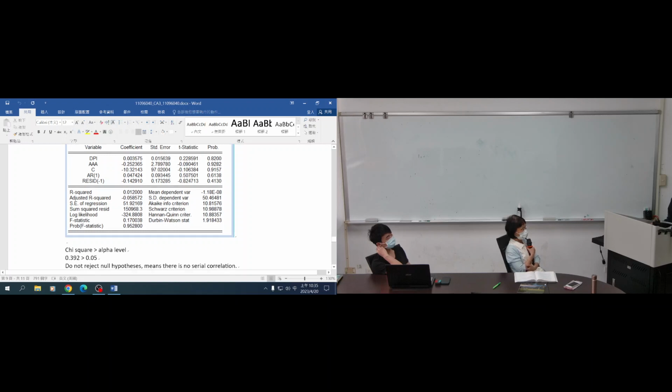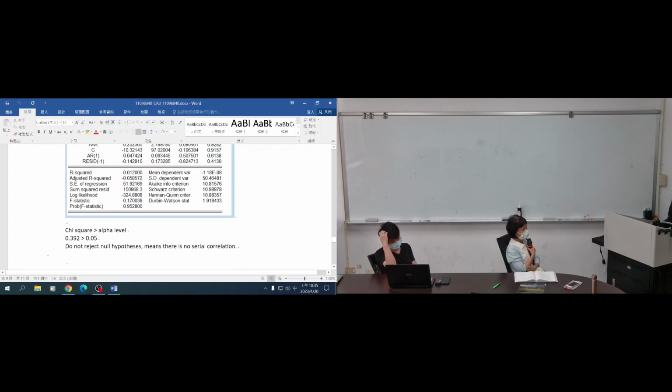And the probability of the test is 0.392, and it's greater than 0.05. So do not reject the null hypothesis, means there is no serial correlation. No. Do not reject the null hypothesis means what?